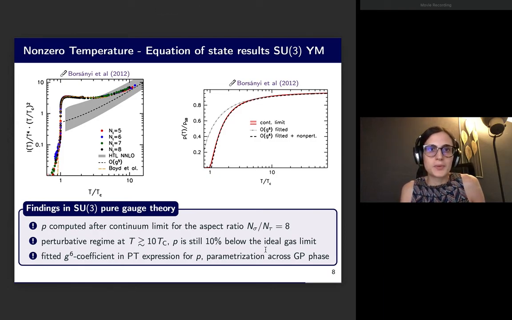Okay, and I would like to wrap up this video by showing you some results for the calculation of the equation of state, starting from pure gauge theory, so SU(3) Yang-Mills.